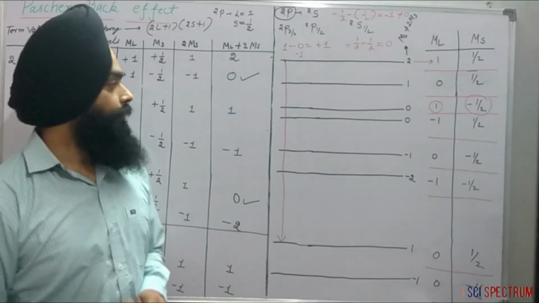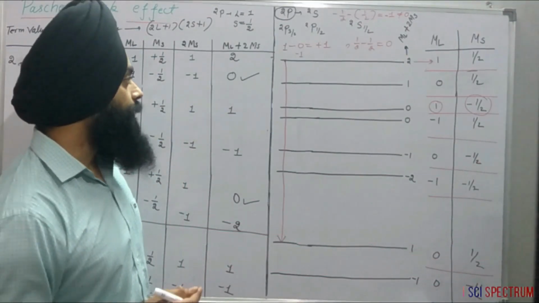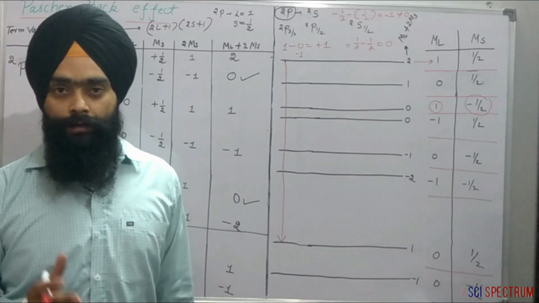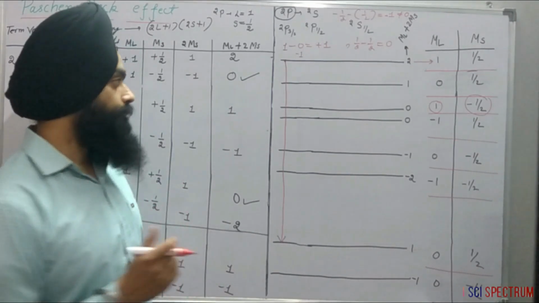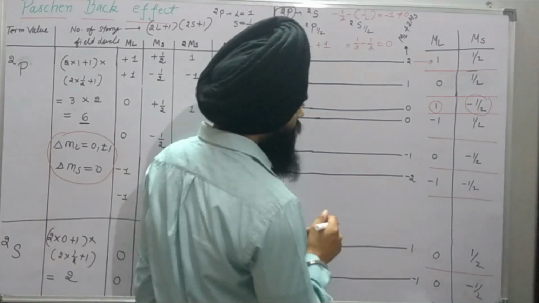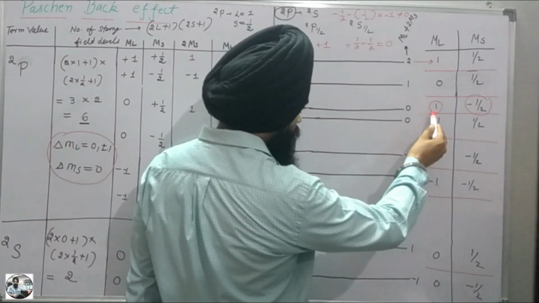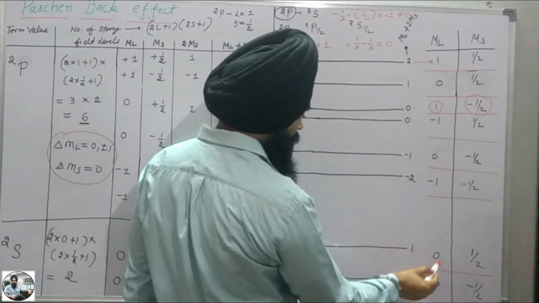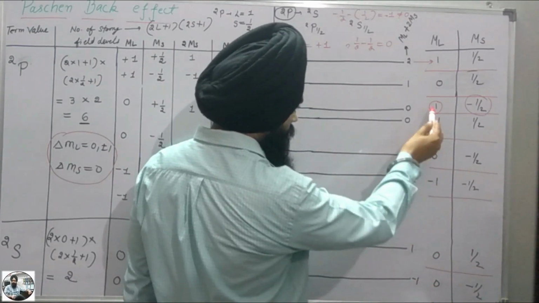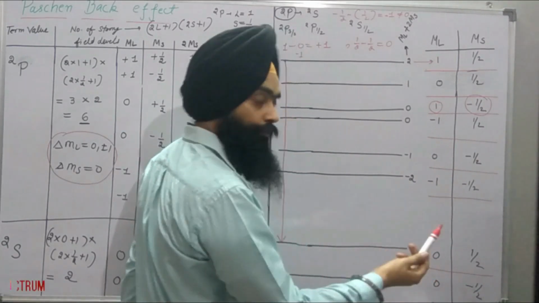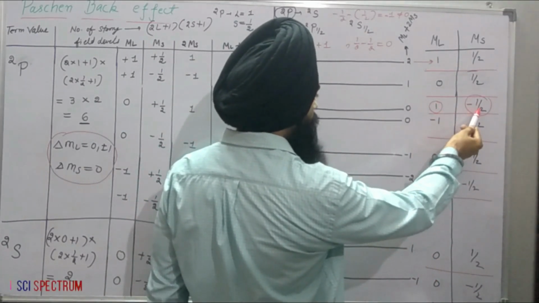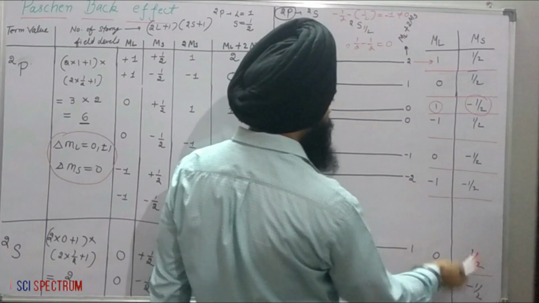So this transition is possible according to the selection rule. So let us see if other transition is possible for delta ml is equal to plus 1 and delta ms is equal to 0. So here you can see that we have 1 and we have 0. 1 minus 0 is plus 1 and simultaneously minus half minus minus half is 0.